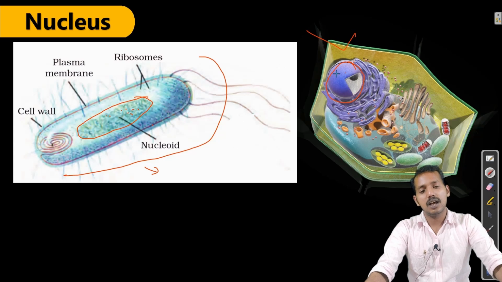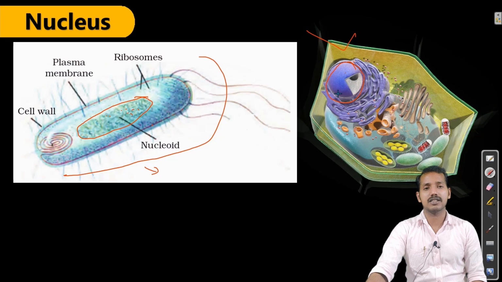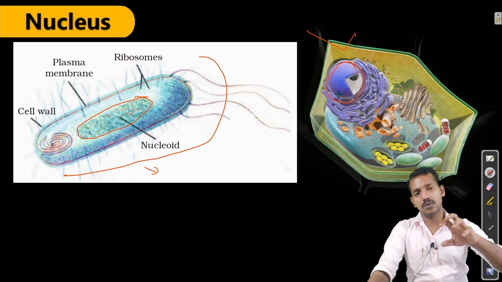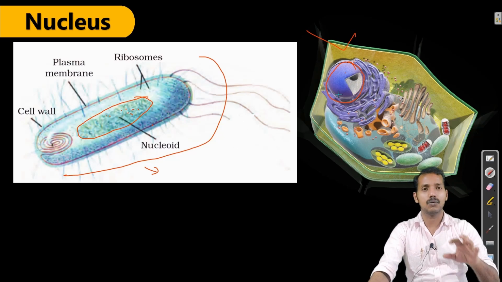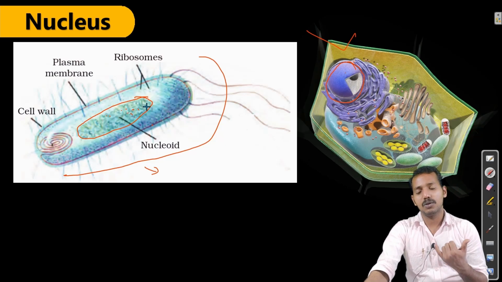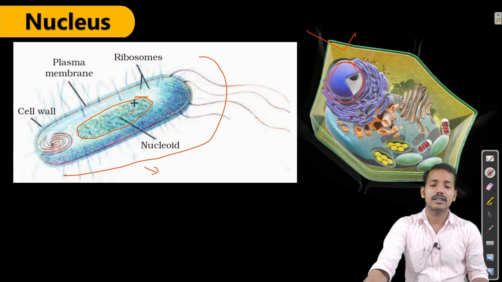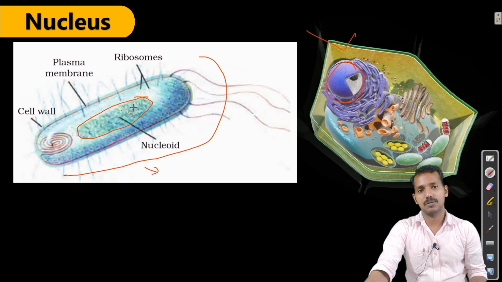That means in multicellular organisms, the structure of the nucleus and the other parts of the cell are well defined, while in these unicellular organisms the nucleus is not well organized.